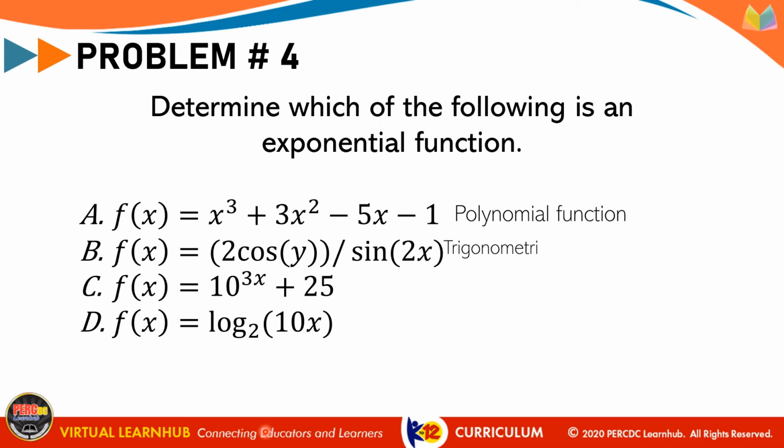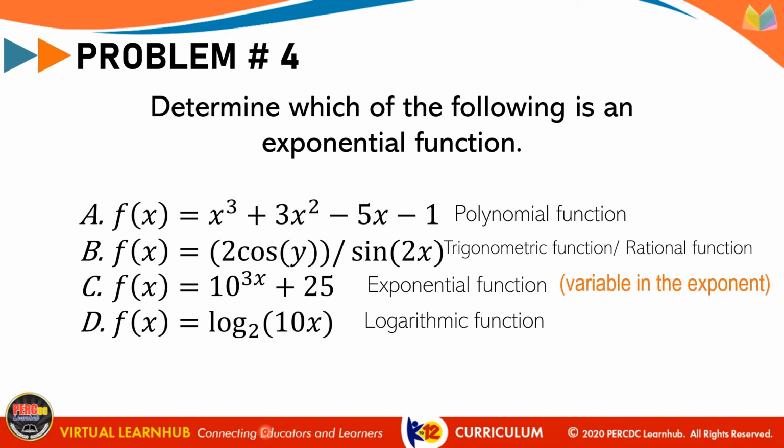B is a trigonometric function, or we can also say it is a rational function. Letter D is a logarithmic function, and obviously letter C is the exponential function because it contains the variable in the exponent. In letter A, let us not be confused because the argument or the variable is in the base and the exponent is constant. However, in exponential function, the base is constant and the variable is in the exponent.